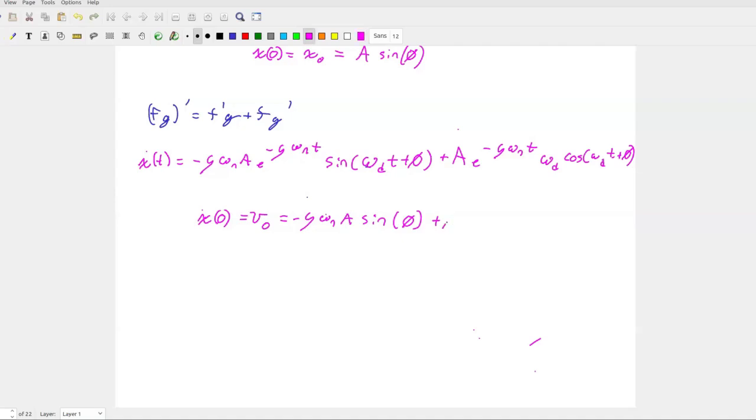So I'm just left with A omega d, that's not going anywhere, and now I'm left with cosine of phi.